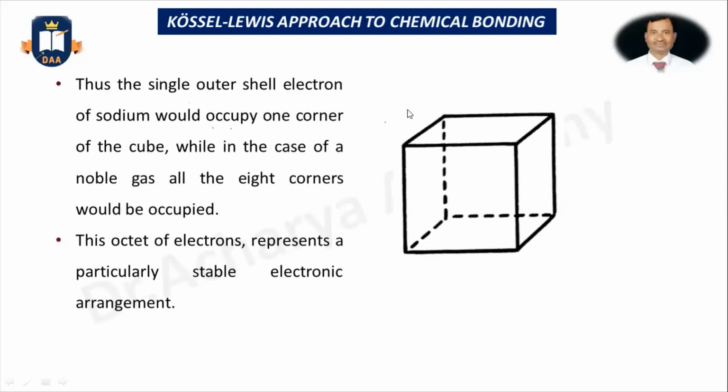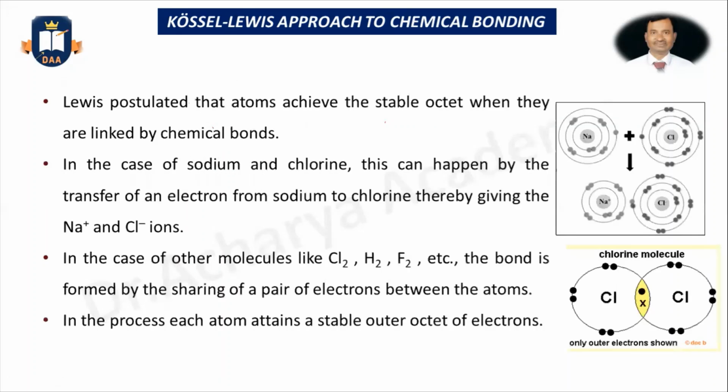These 8 electrons are called the octet of electrons, and it particularly shows the stable electronic arrangement which a noble gas atom already has, making the atom stable. So Lewis postulated that atoms achieve a stable octet when they are linked by chemical bonds.